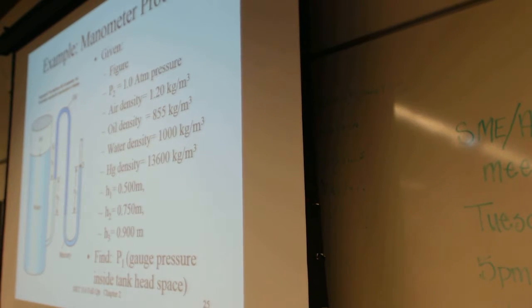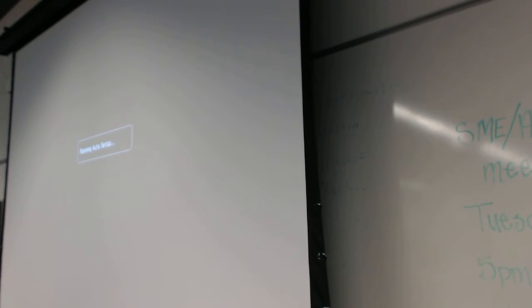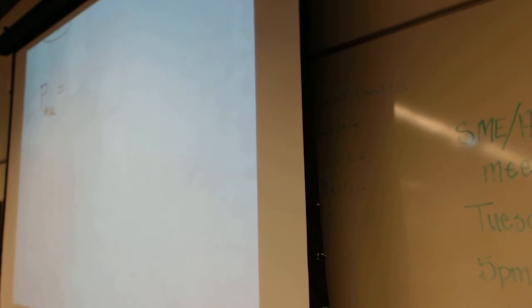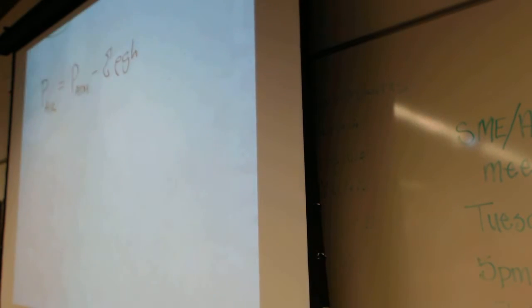So I'll just say P air, and then P atmosphere minus the sum of rho g h equals my P air gauge.